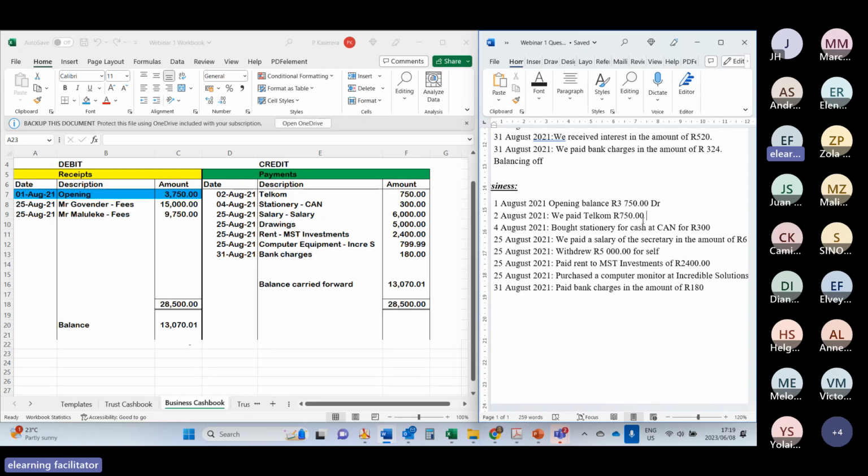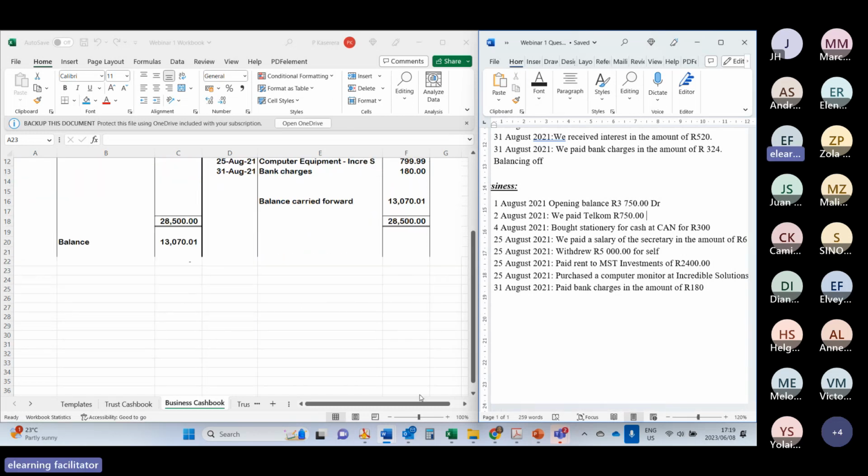But in this case, I'm just going to assume that we received an invoice and we have paid. So instead of creating too much work for ourselves, we are going to recognize it in our telephone account, so that we can finish on time and do not create a lot of ledgers.